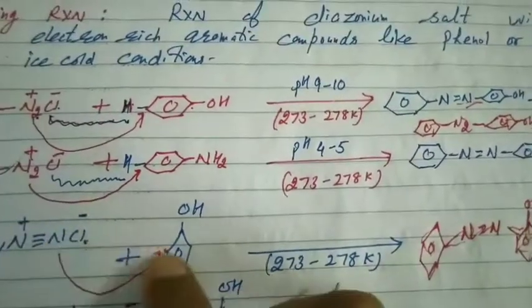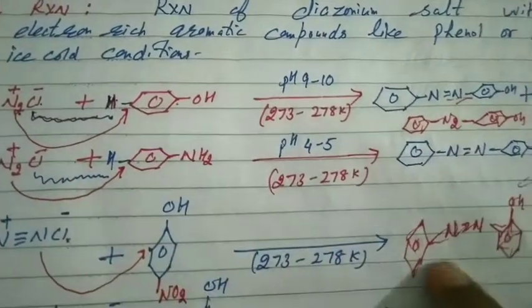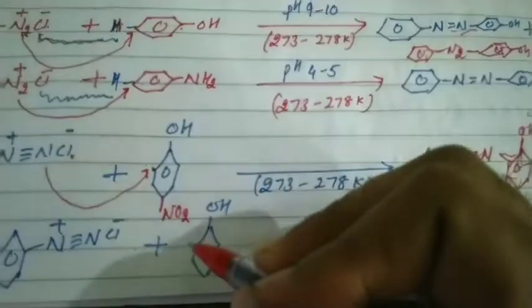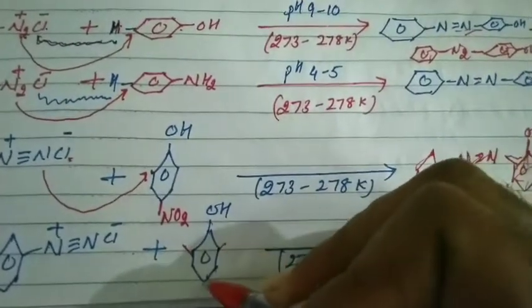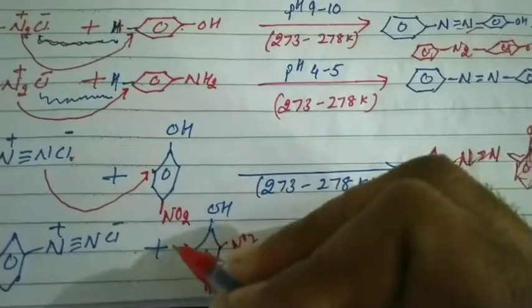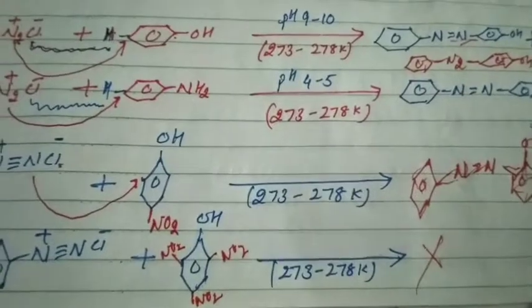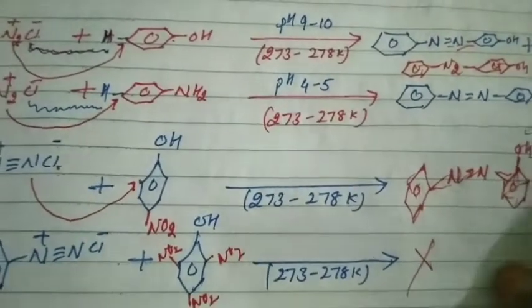Clear? H is substituted, undergoes reaction, N2, C6H5N2OH. But if both ortho and para positions are blocked, friends, like picric acid, you know, trinitrophenol, all are blocked by any group, then coupling reaction will not take place. Go in detail.